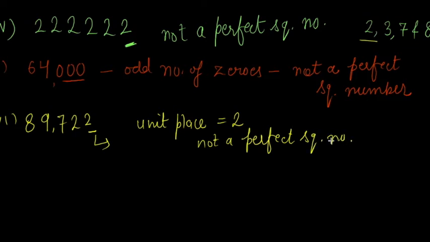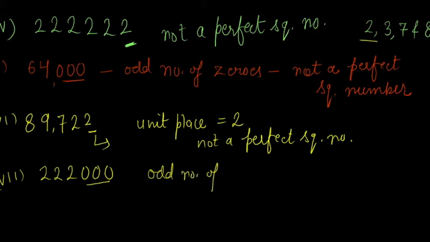These are very small questions, normally coming in MCQ-based questions. Now I go to the next part, which is this number. Okay, how many zeros again? An odd number of zeros. So if the number of zeros is odd, what will you conclude from it? Not a perfect square.